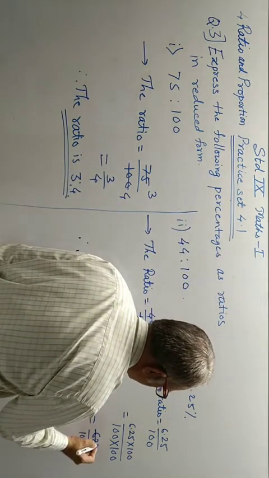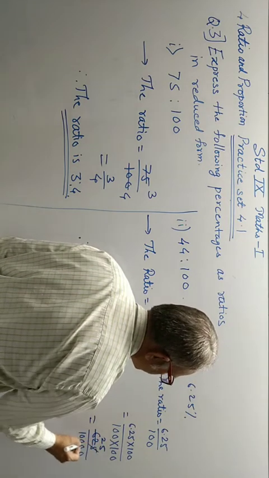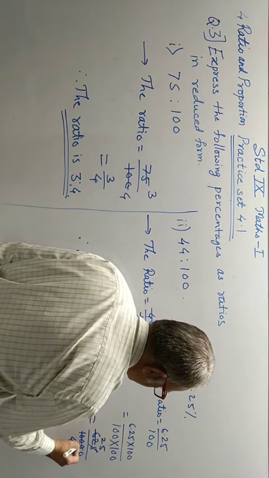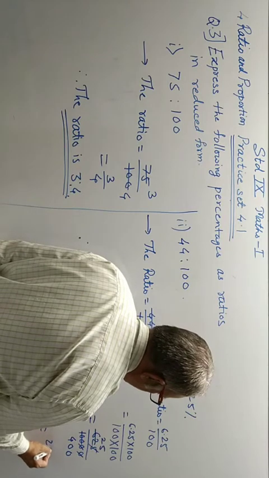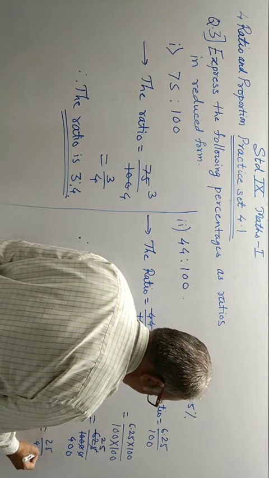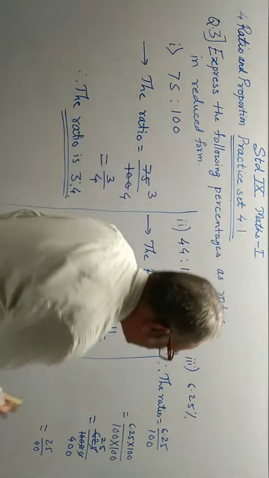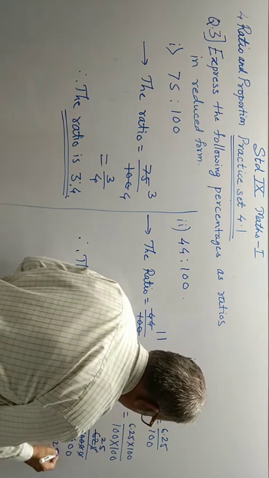25 25s are 625, 25 square. And 25 4s are 100, and 00 as it is. So what we get? 25 upon 400. Again, both are divisible by 25.